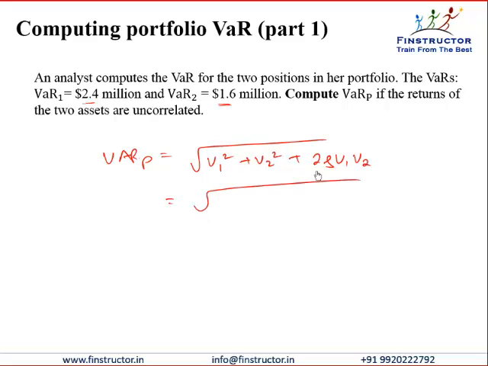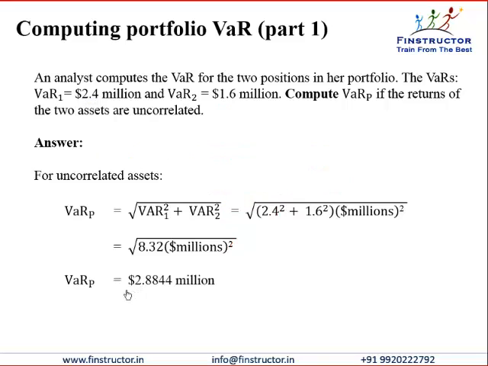Correlation is given to be 0, so this will be 2.4 square plus 1.6 square, the square root, which comes out to be $2.88. So please verify the VaR of the portfolio will come out to be approximately $2.88 million.